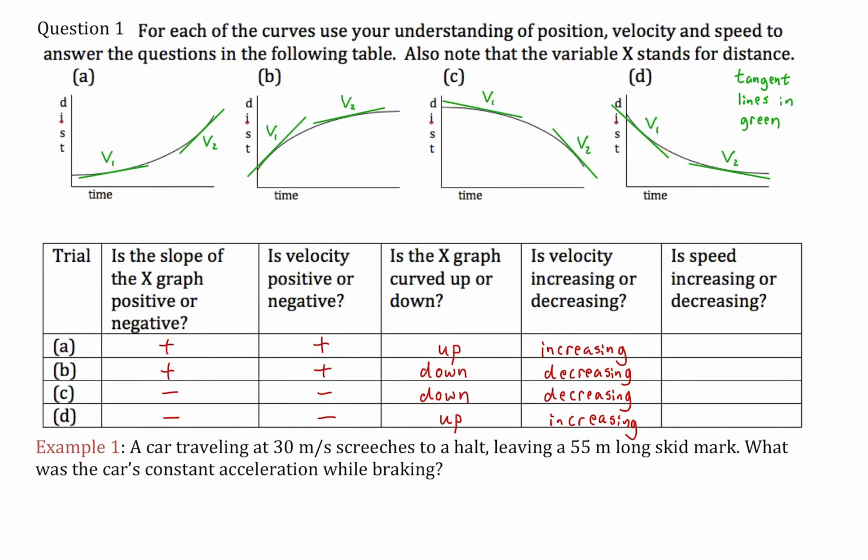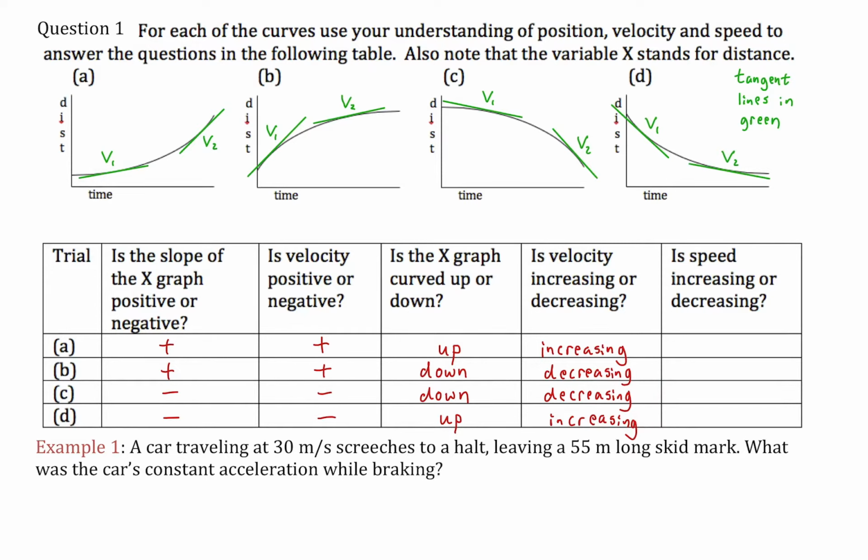Well, what's the smaller number? Is negative 3 smaller than negative 1? Of course it is. So C is decreasing. Likewise, D is increasing, because here, maybe negative 3 meters per second, and over here, negative 1 meter per second. Well, negative 1 is larger than negative 3, so in D, velocity is increasing.